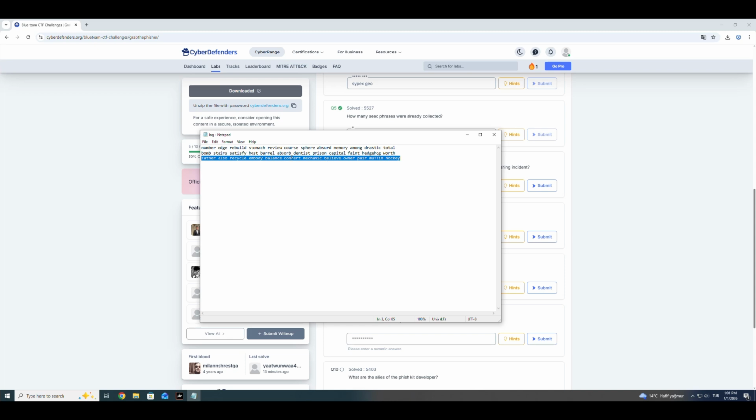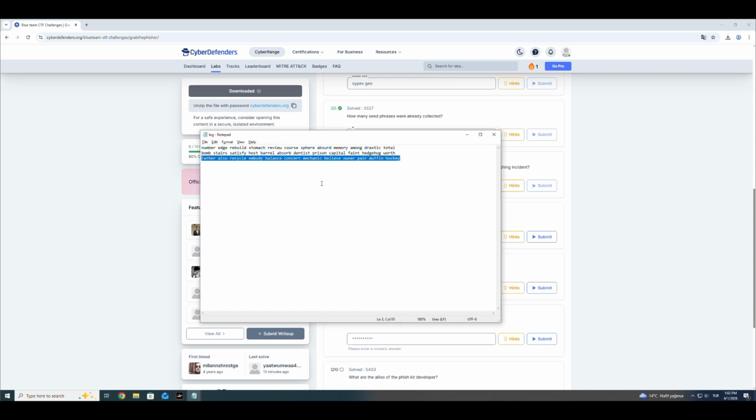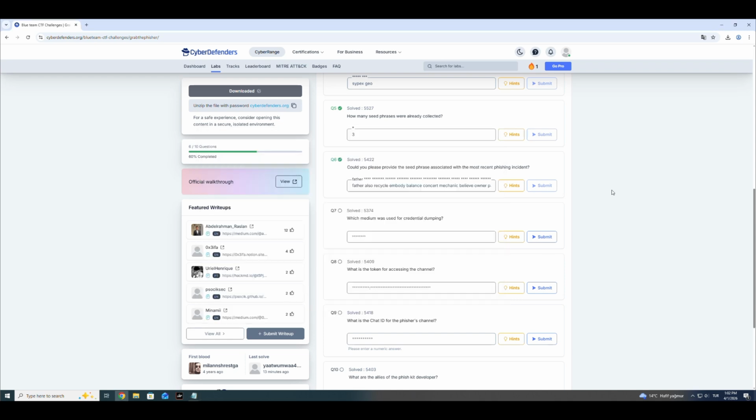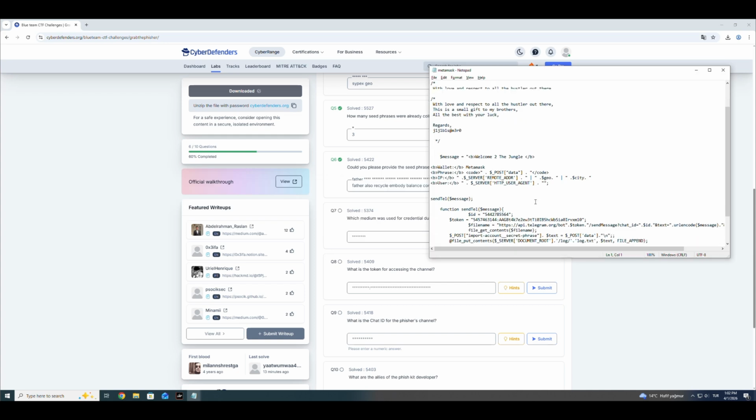Moving on, we need to assess the scope of the compromise by examining the log.txt file generated by the kit. We can see the harvested data. According to the entries, we determine that 3 seed phrases have already been collected.